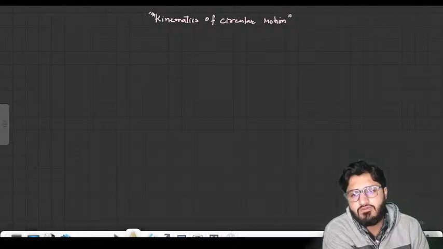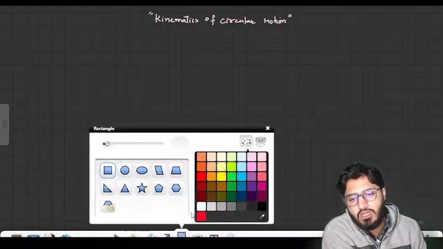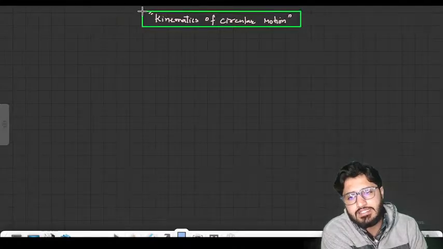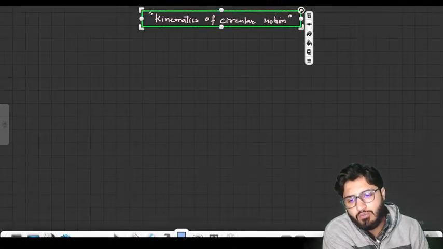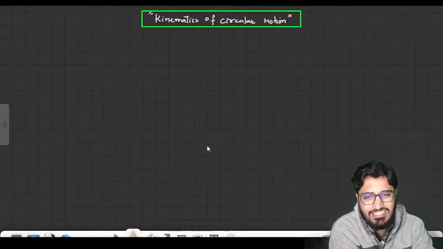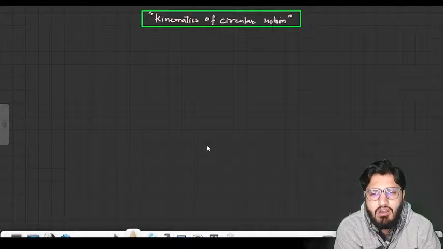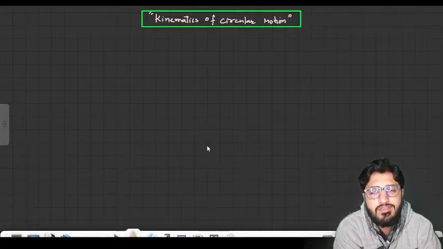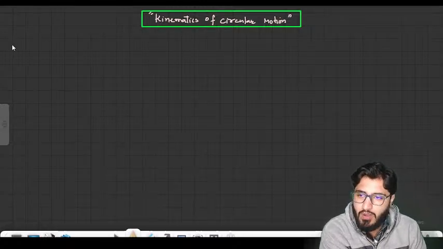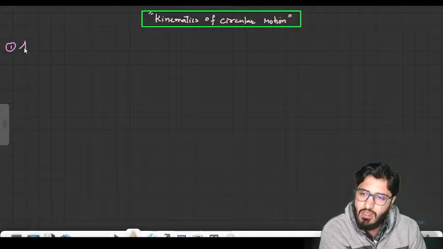That means we need to know different parameters through which we will understand circular motion in a better way. We will be discussing those parameters with the help of which we will be discussing circular motion in a very good way. First one is angular position.